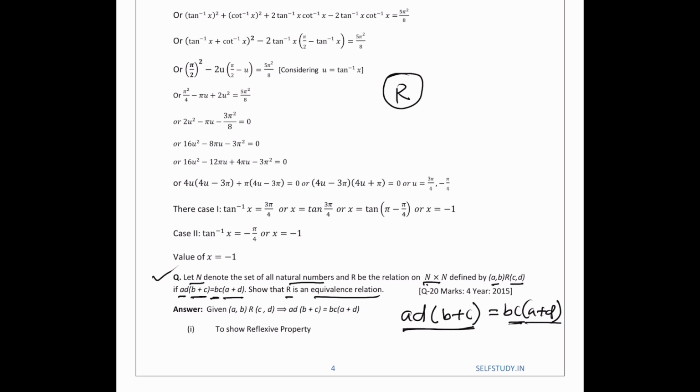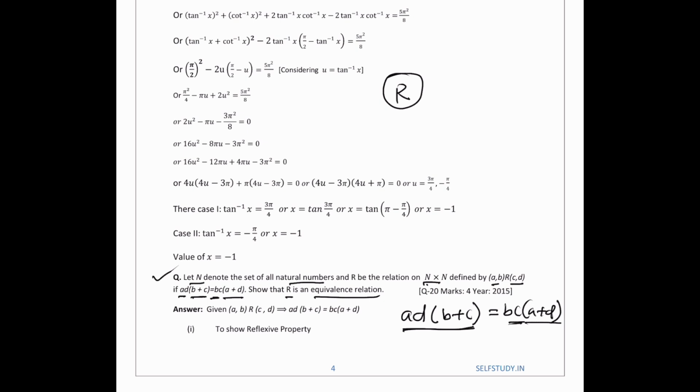So what is an equivalence relation? It is reflexive, symmetric, and transitive, then only it is an equivalence relation. So all the properties should be satisfied. Okay, so let's start from there. So for the equivalence relation, you have to show this relation is reflexive.